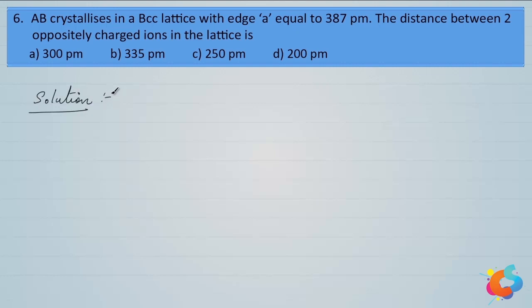The solution is, for BCC, R plus plus R minus can be given as root 3 by 2 into A. From the question, we know that A is equal to 387 picometer.